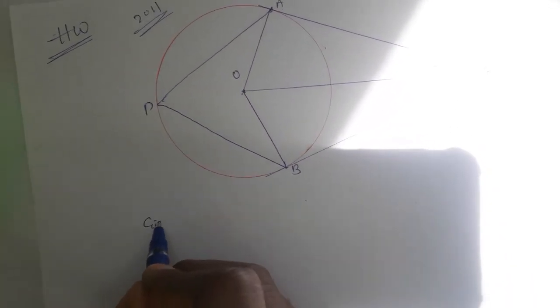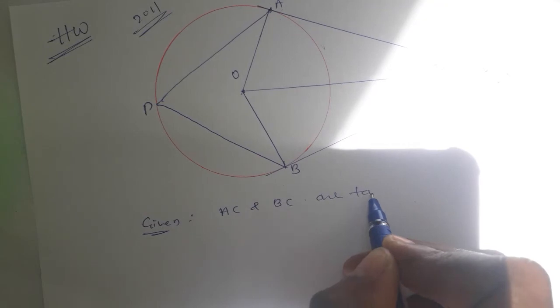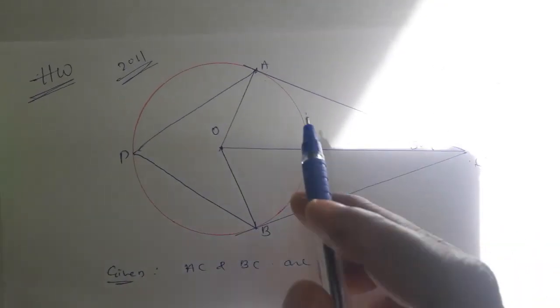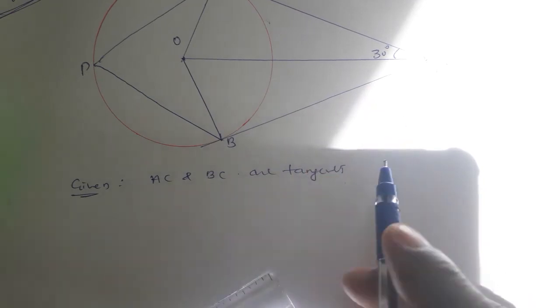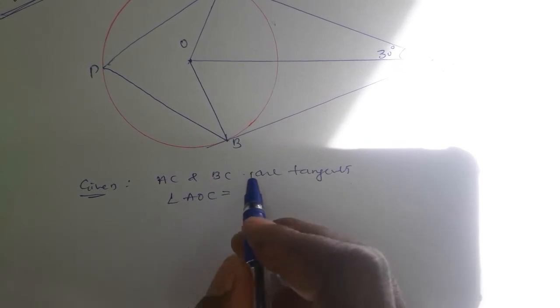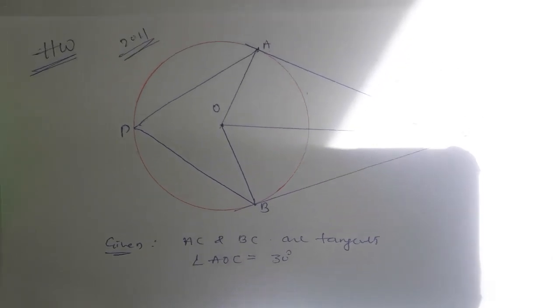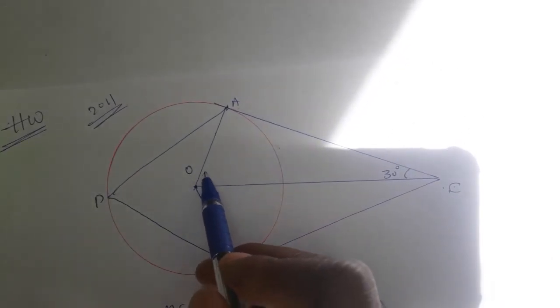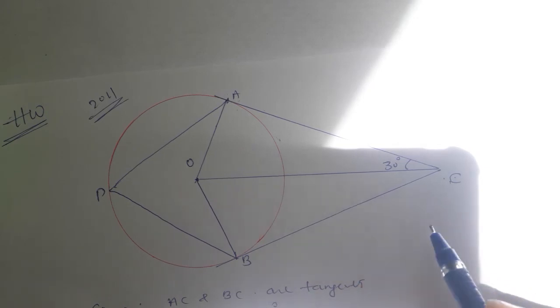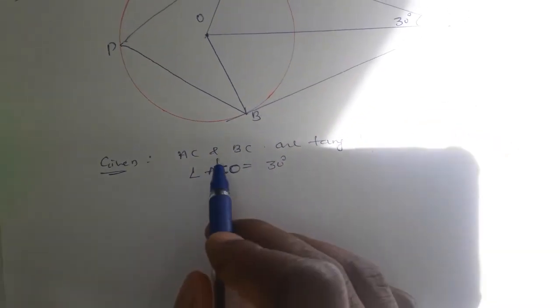Which are given? AC and BC are tangents. That is okay, in the question it is understood. AC and BC are tangents. The second thing is angle ACO is equal to 30 degrees. Sorry, not angle AOC, angle ACO.